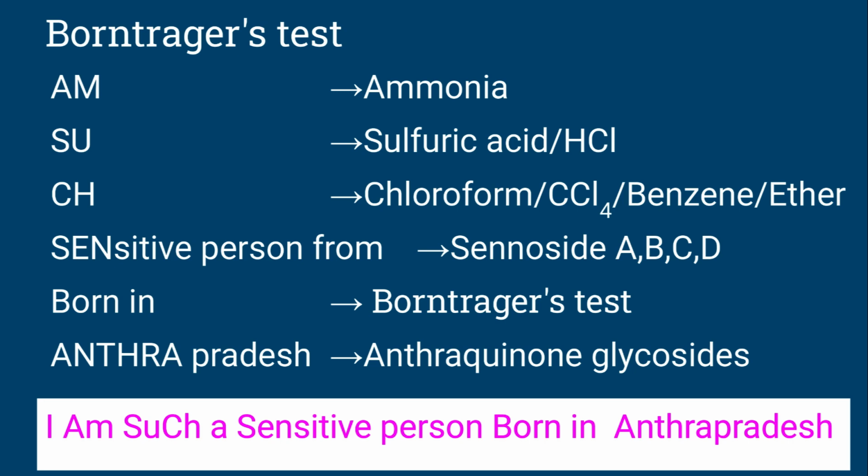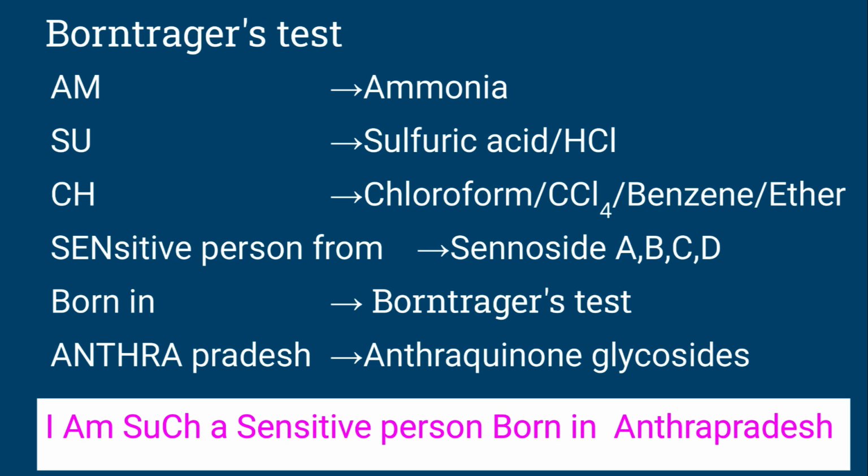SU for sulfuric acid and CH for chloroform. So collectively, such. So three kinds of reagents are used. First one is ammonia, second one is sulfuric acid, and third one is chloroform.